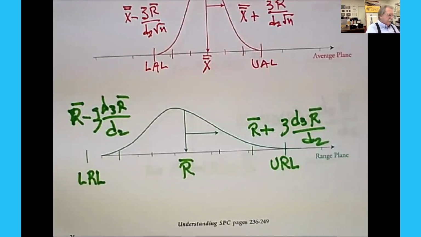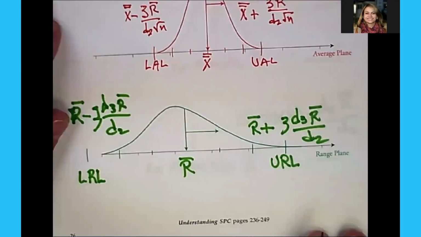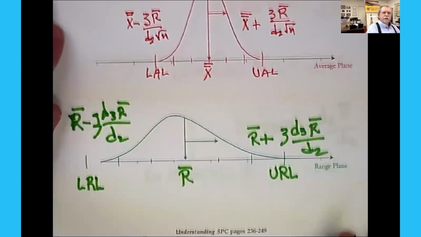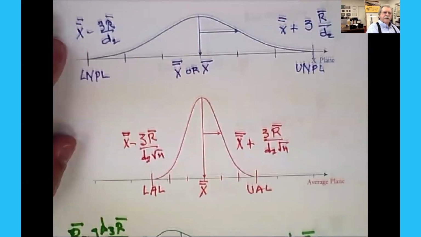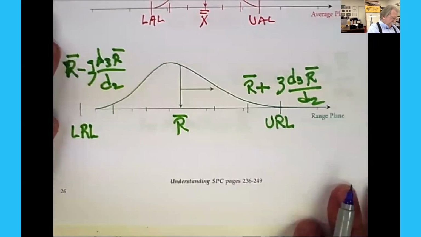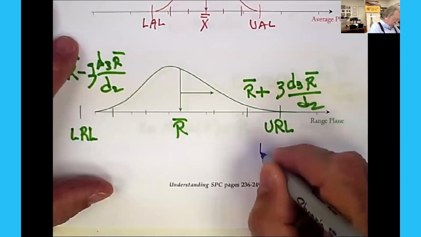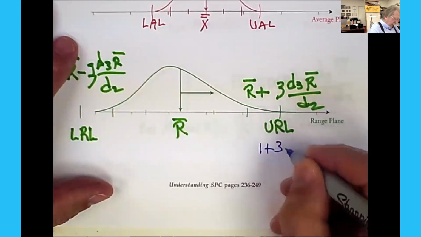Now there are the formulas for your 3 sigma limits without the scaling factors being involved. If we factor out, down here on the range chart, the R bar, we've got 1 plus 3 little d3 over little d2.